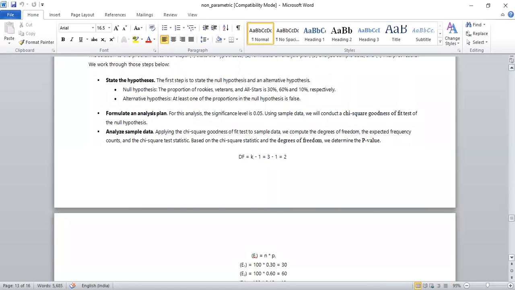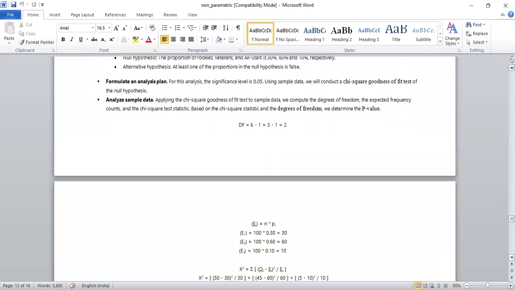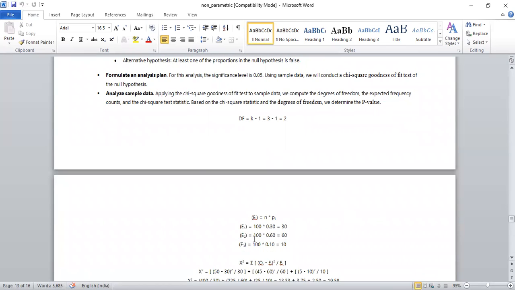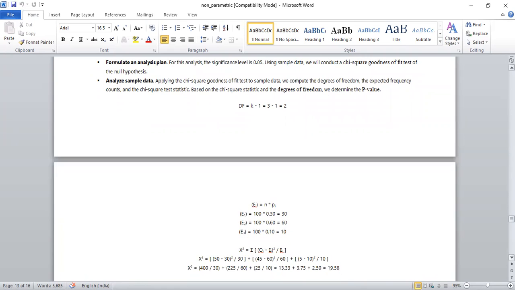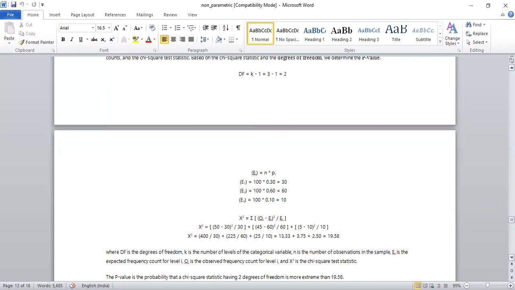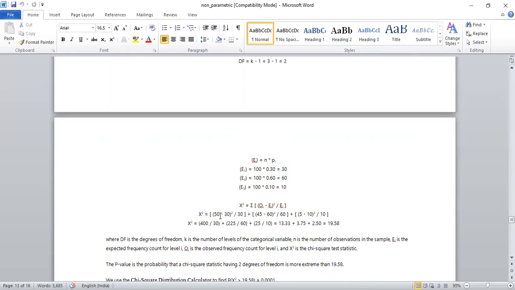Okay, so expected frequency is n times pi. For E1 it is 100 times 0.30. For E2 it is 100 times 0.60, because the proportion of veterans is 60%, and for all-stars the proportion is 0.10, so E3 equals 100 times 0.10. This is how we calculate, because 100 is your sample size. So what is your chi-square?